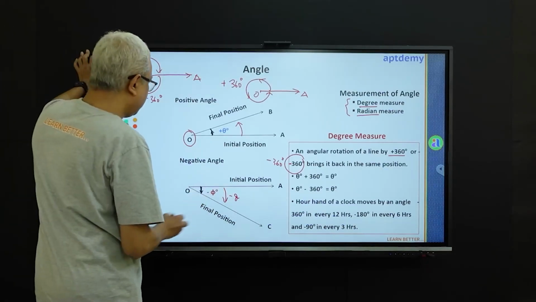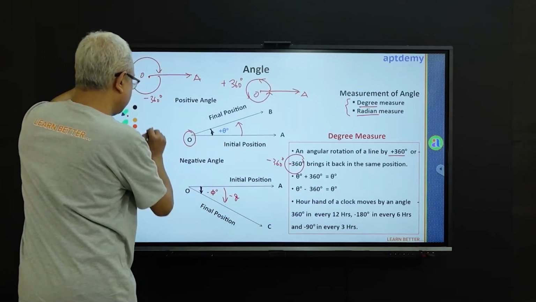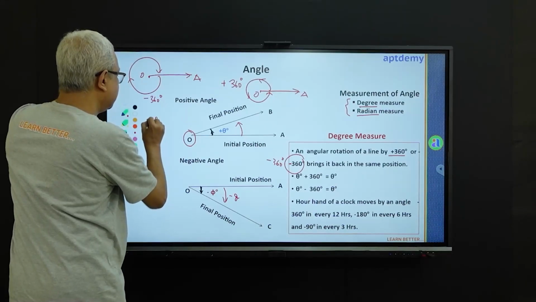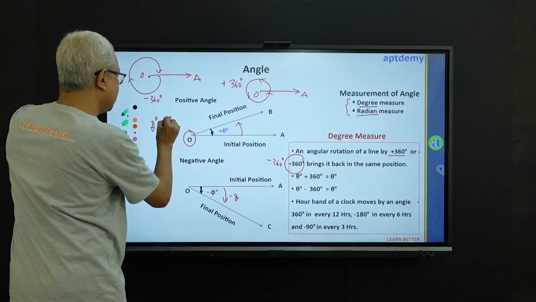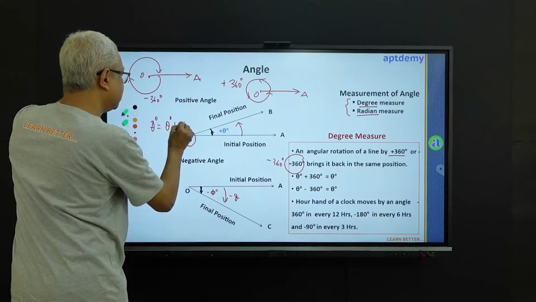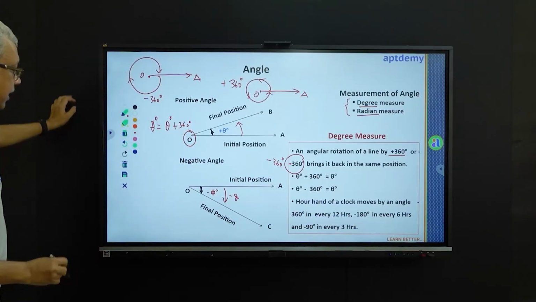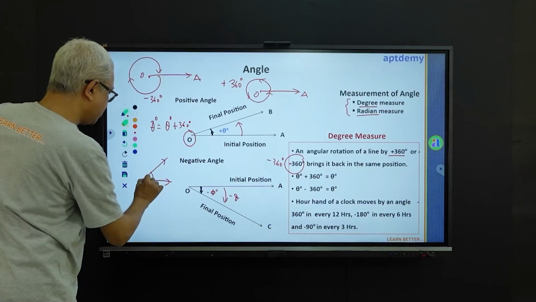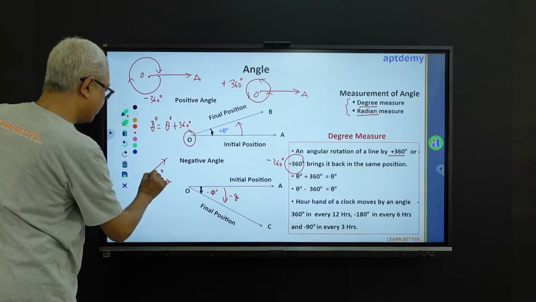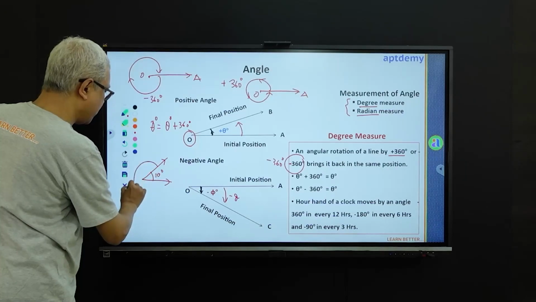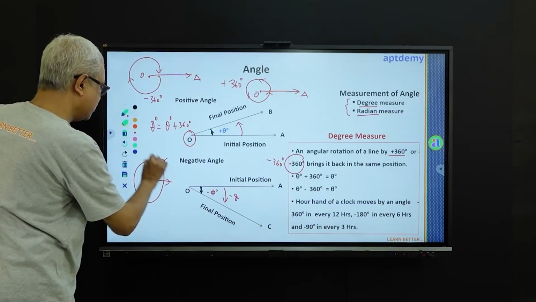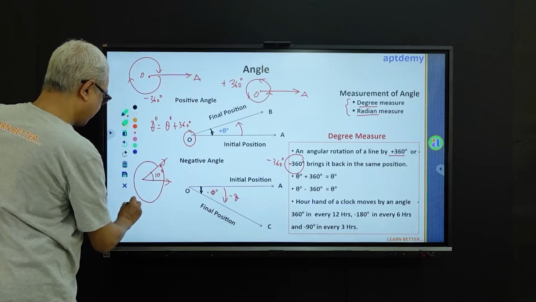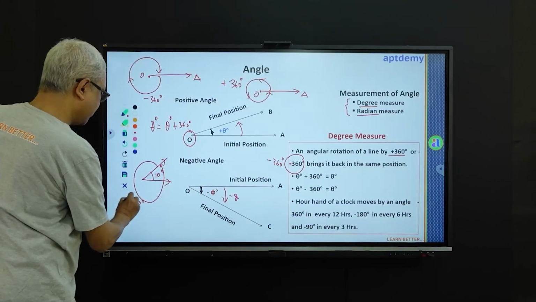And definitely theta in degree is equal to theta in degree plus 360 degree. That means if this is a 10-degree angle, then if you further move by 360 degree, you come back to the same position.